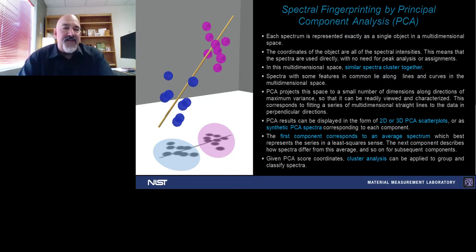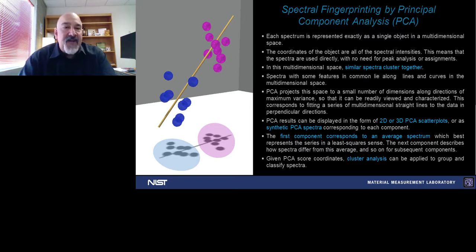And all we need is a way to reduce that large multidimensional space of 1,000,000 dimensions or so down to a small number of dimensions that are reasonable for us to visually inspect or do easier computations on.